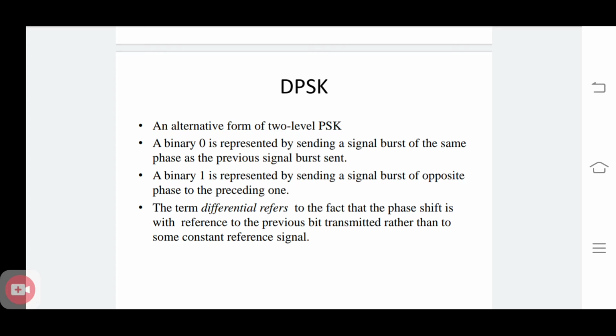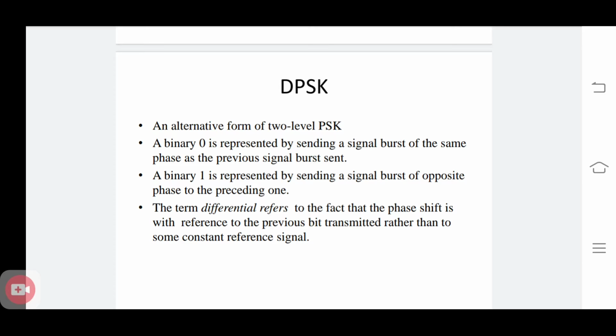Next we have differential phase shift keying. It is an alternative form of two-level PSK. Here binary 0 is represented by sending a signal burst of the same phase as the previous signal, and binary 1 is represented by sending a signal of opposite phase to the preceding one.